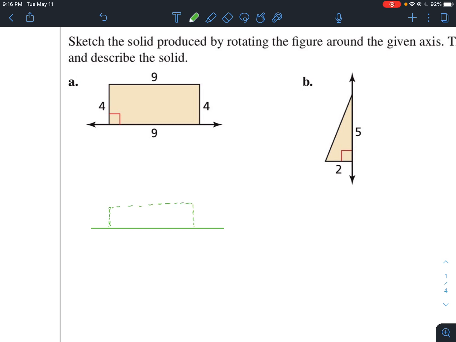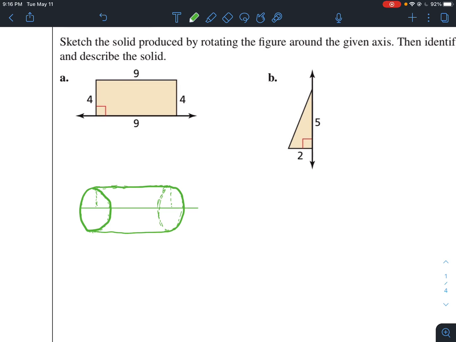If we rotate it about the axis, we should expect to get a cylinder. And there you go.